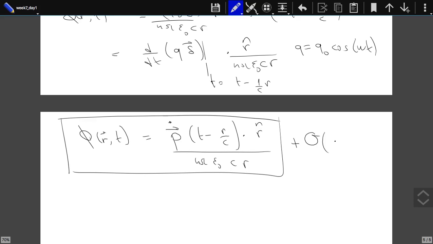Of course, plus terms that are proportional to 1 over r squared, which I ignored.